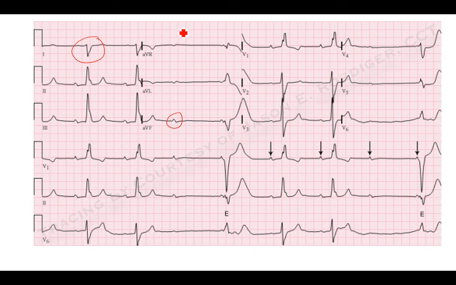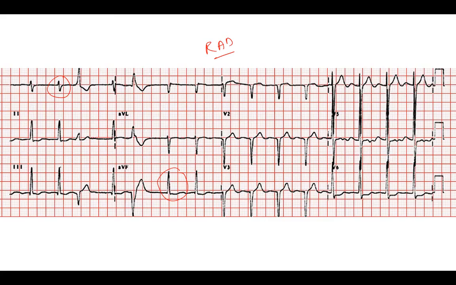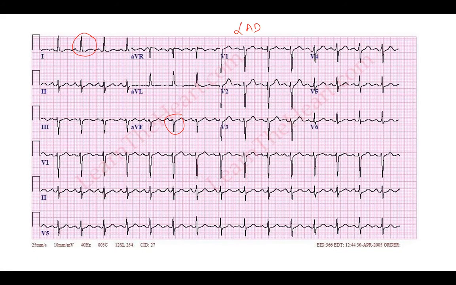Now come to method 2. In method 2 what we see is the highest QRS complex lead and the second highest QRS complex lead. In this ECG you can see the highest QRS complex is in lead 1, correct?